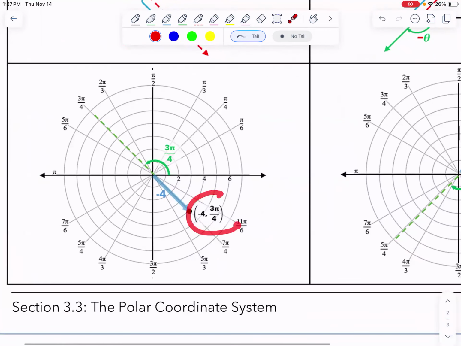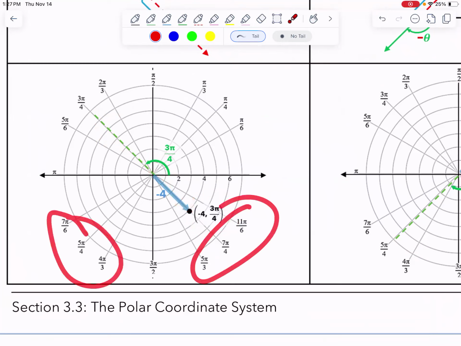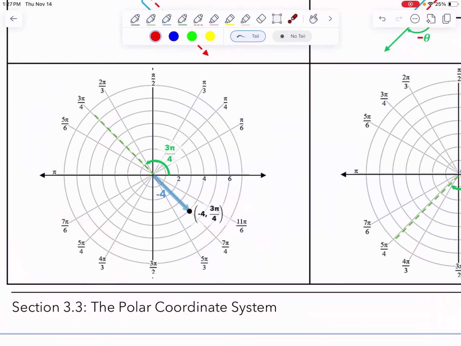For the point negative 4 comma positive 3 pi over 4, we go to positive 3 pi over 4, our radius is negative. So instead of moving towards that terminal side, we go in the exact opposite direction. Be careful here. It's really easy with these, not so much the denominators, but these lines.